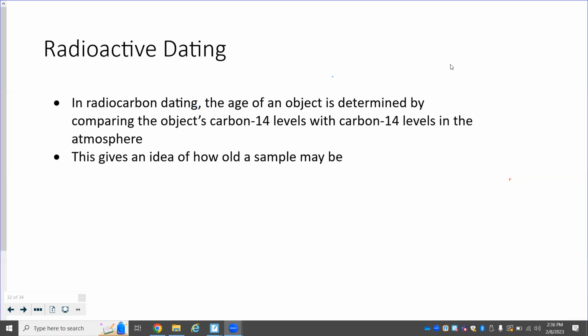So with radiocarbon dating, the age of an object is determined by comparing the object's carbon-14 levels with carbon-14 levels in the atmosphere. So looking at how much carbon there should have been, and then how much carbon is currently in there. And it's very similar to that last problem we did, where we can look at how many times the sample had to cut in half to get to the current amount of carbon that we have. So this is how they're able to date fossils and soil layers and things like that.